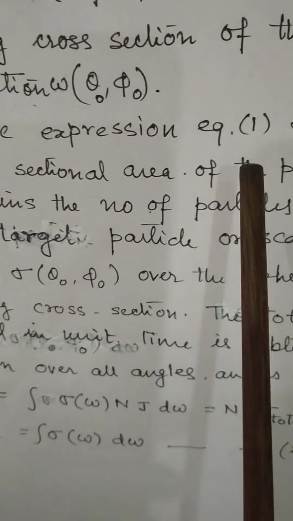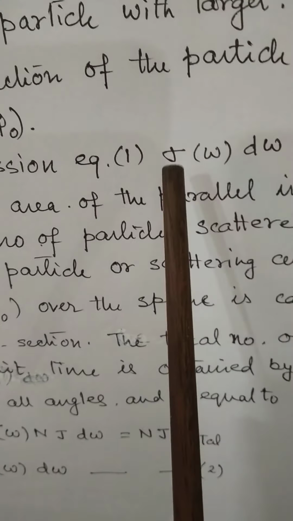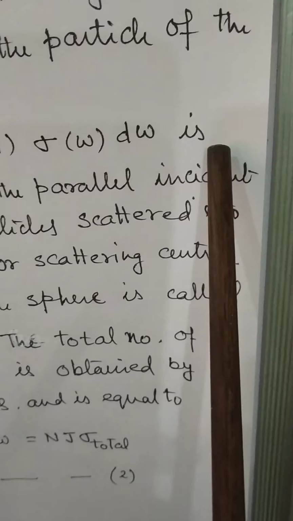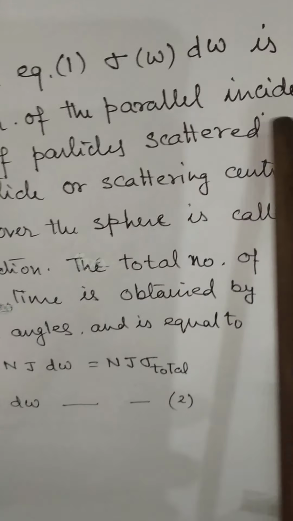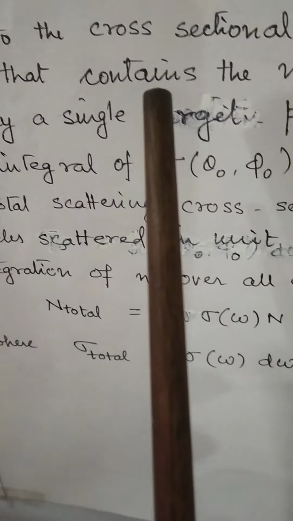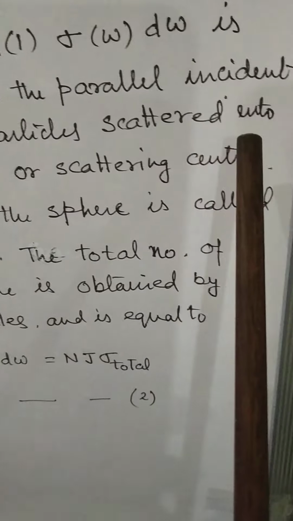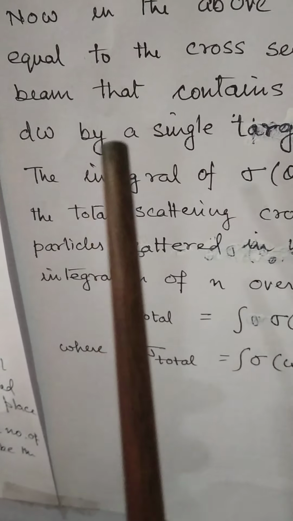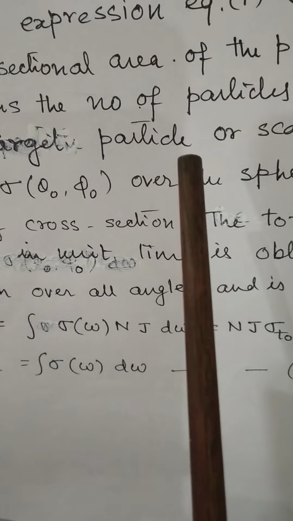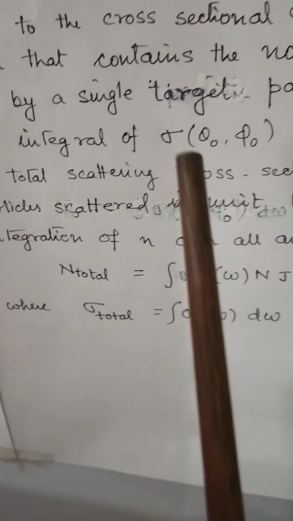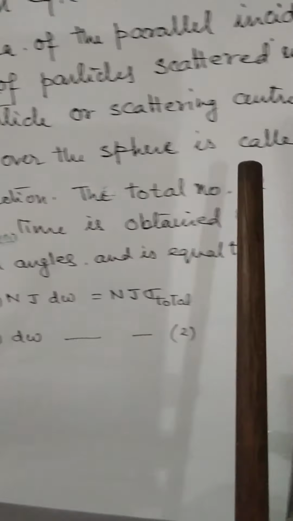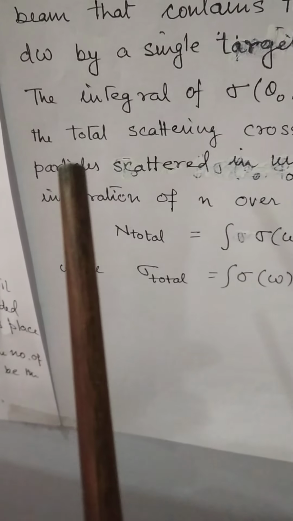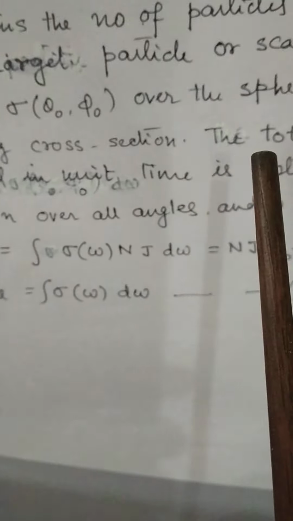Now, in the above expression, equation 1, sigma omega multiplied by d omega is equal to the cross-sectional area of the parallel incident beam that contains the number of particles scattered into d omega by a single target particle or scattering center. The integral of sigma, which is a function of theta 0 and phi 0, over the surface is called the total scattering cross section.